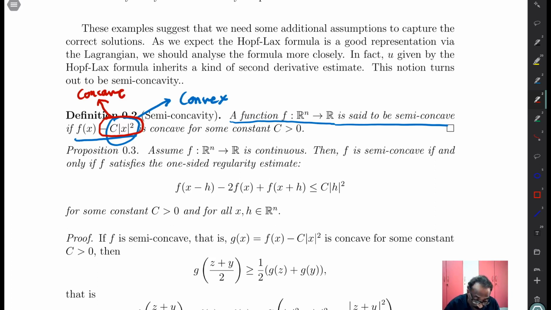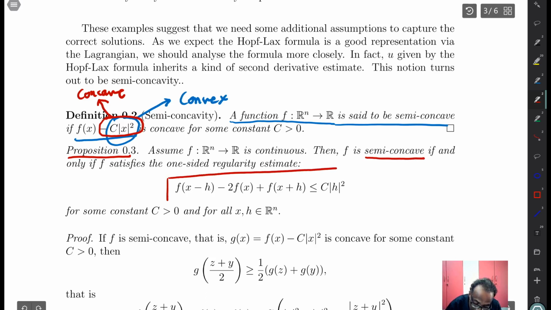What is more motivating is this proposition. The proposition tells you that, starting with a continuous function, semiconcavity is equivalent to this estimate. This is what is called a one-sided regularity estimate, a one-sided second derivative.